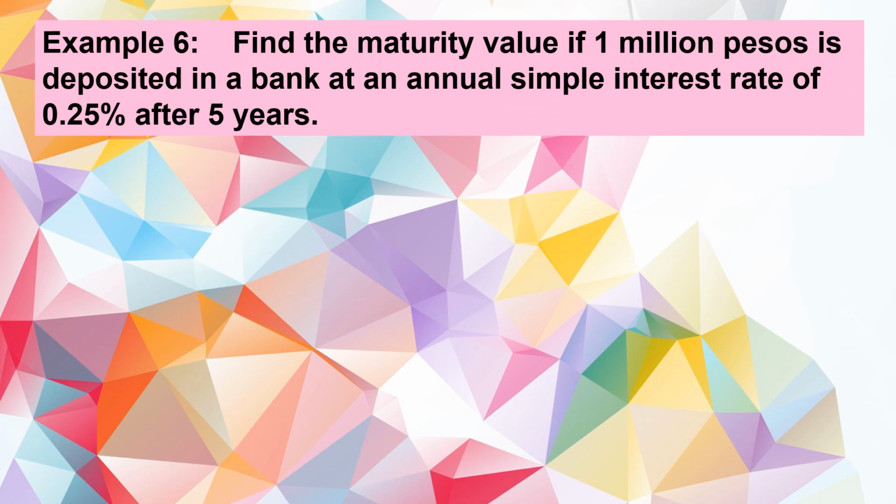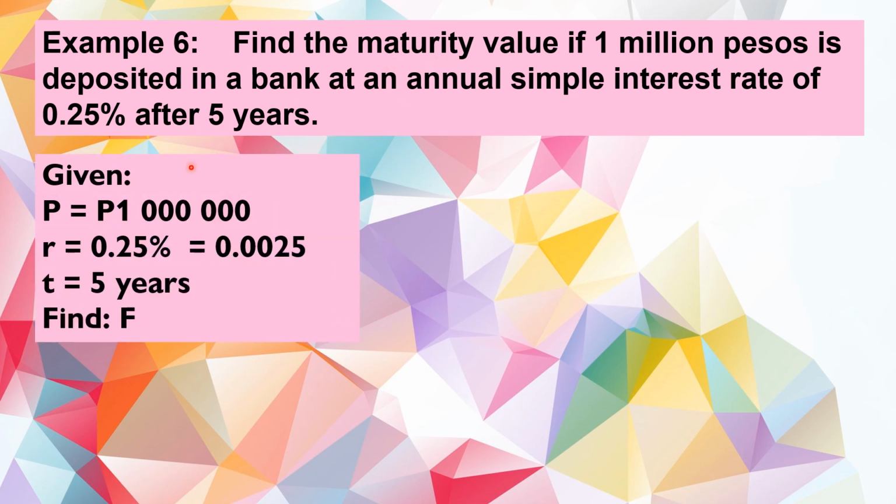Now, let's have example number 6. Find the maturity value if 1 million pesos is deposited in a bank at an annual simple interest rate of 0.25% after 5 years. So, we are going to find the maturity value. So, yung hahanapin natin ay maturity value.